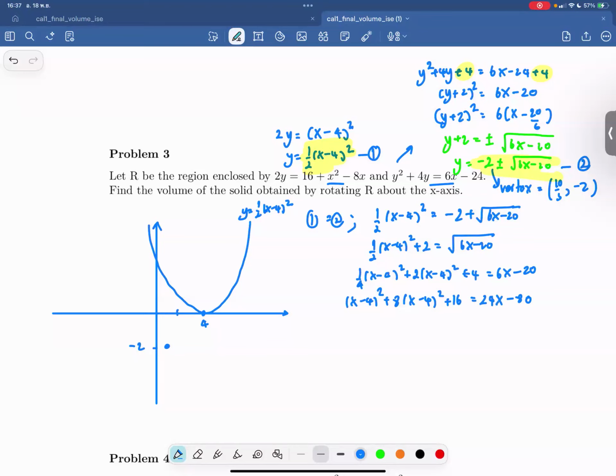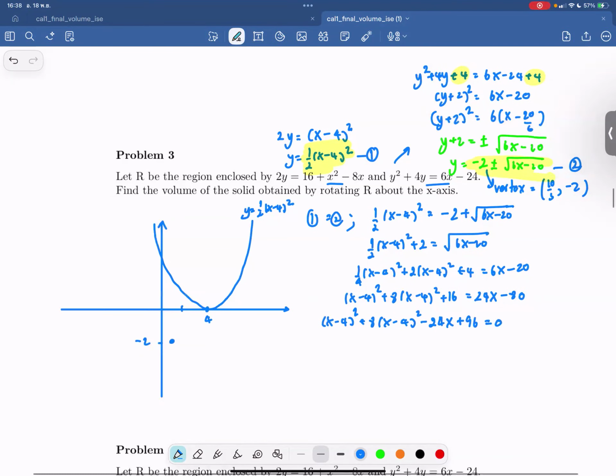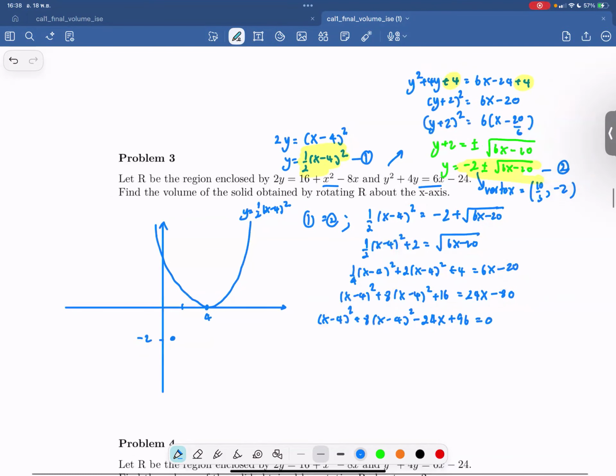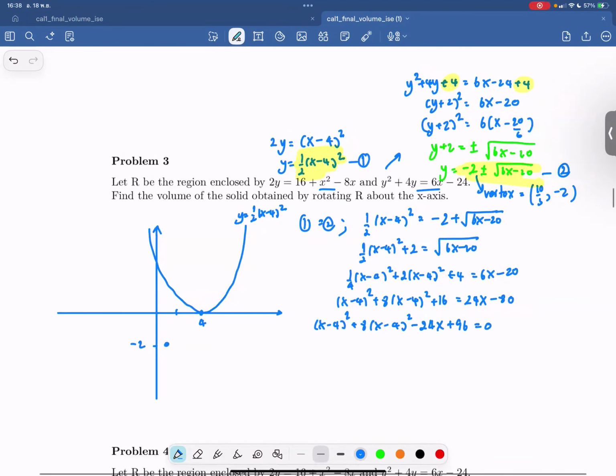So I will bring it to be factorized, minus 20x and then plus equal to 0. And here I can pull the minus 24 out.